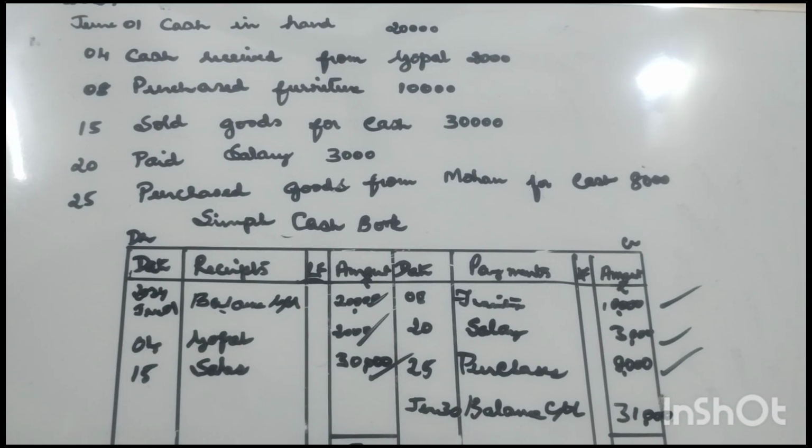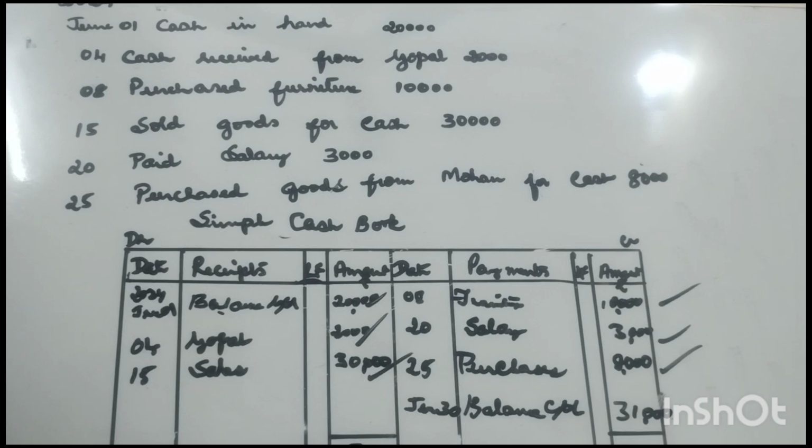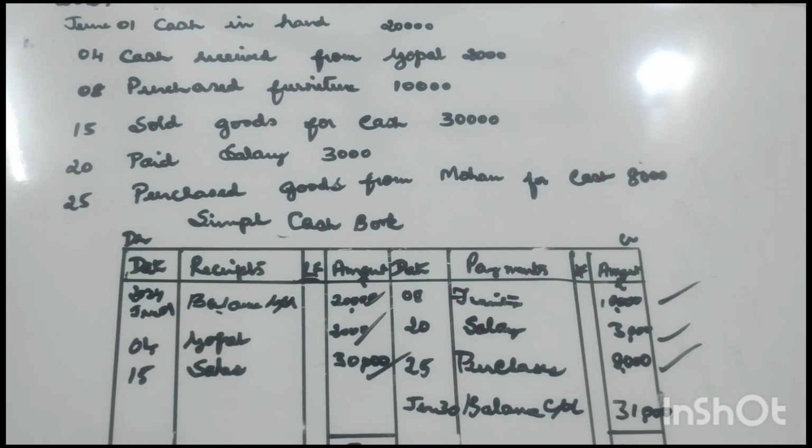So this is how you can close this simple cash book, by ascertaining the closing balance, and it has to be brought as opening balance to the next month. So that is balance brought down. Record that as 31,000. This is how you can prepare a simple cash book, or the simple cash book is also called a single column cash book.